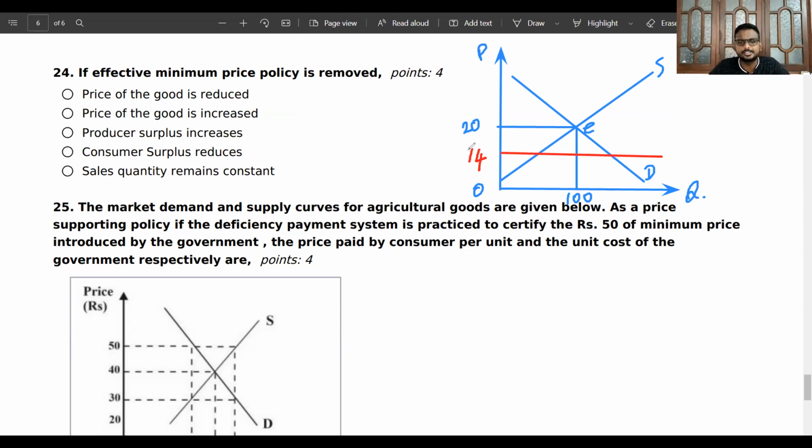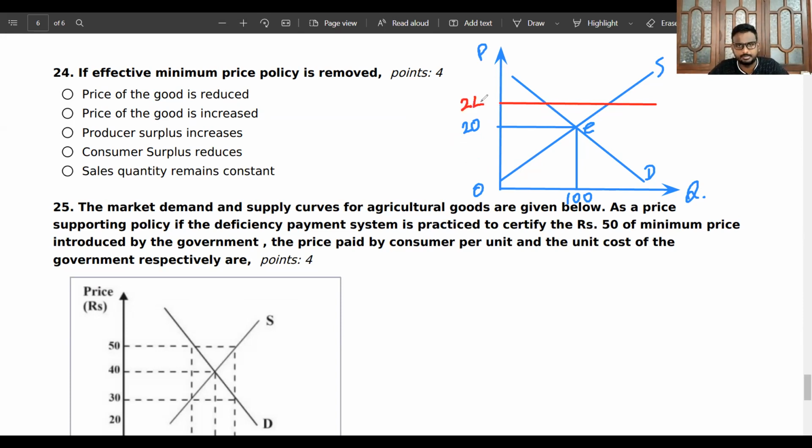So producers and consumers will still do business at 20 rupees itself. It won't change anything. 20 was unfair to the producer, right? So to protect the producers, when the government is setting a minimum price, they should make sure the minimum price that is set is above the equilibrium.